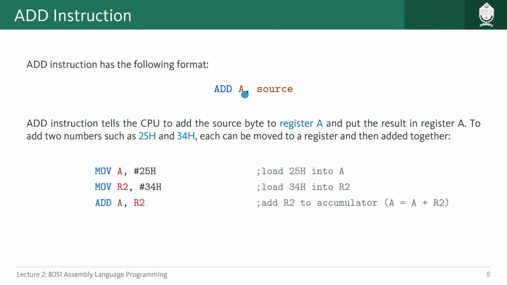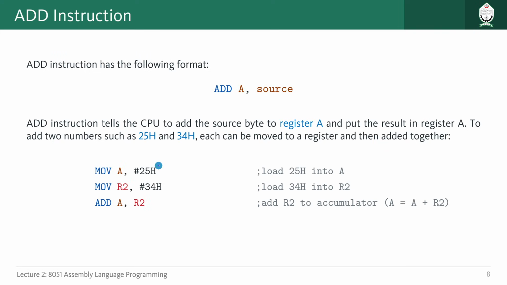That is the main idea here. Whatever addition happens, the result of that addition should be stored on register A, always register A. That is the thing we have to remember for this kind of instruction.